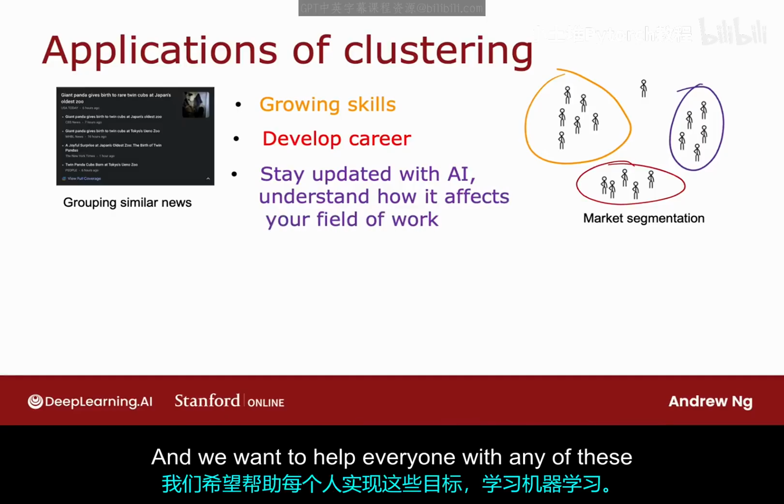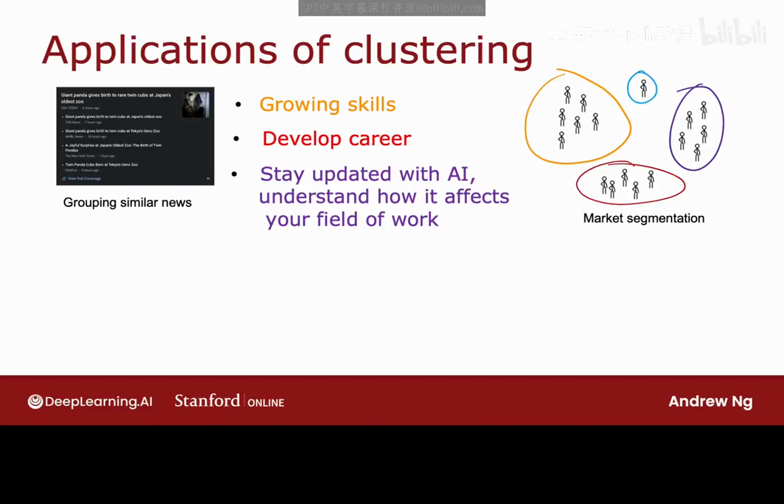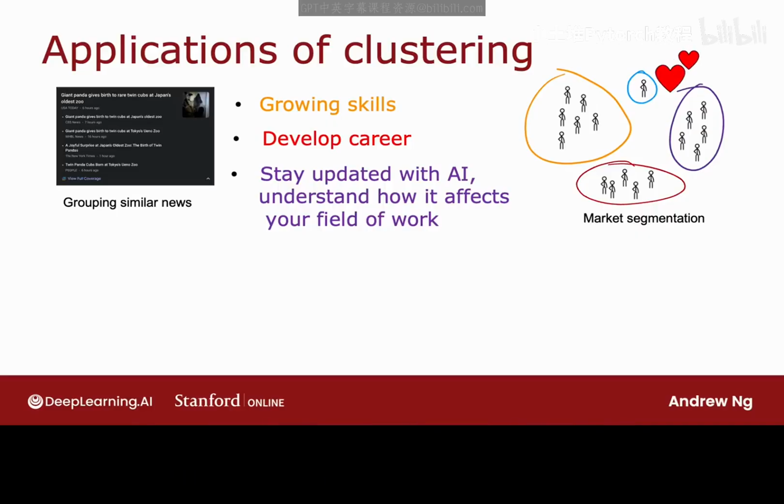And we want to help everyone with any of these goals to learn about machine learning. Or if you don't fall into one of these clusters, that's totally fine too. And I hope deeplearning.ai and Stanford Online's materials will be useful to you as well.